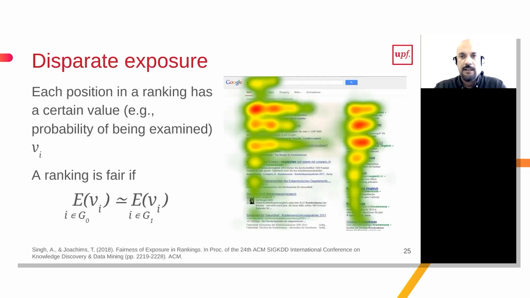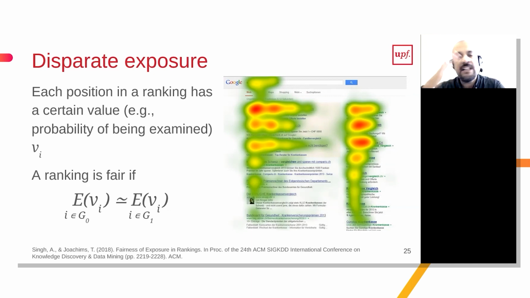On the right of your screen, you see the typical result of an eye tracking exercise. The parts that you see in red are parts where the gaze, the eyes, are fixated the longest. And this is quite natural: top results in a search engine tend to attract longer, more attention, a longer fixation of the eyes, more reading, and more clicks.